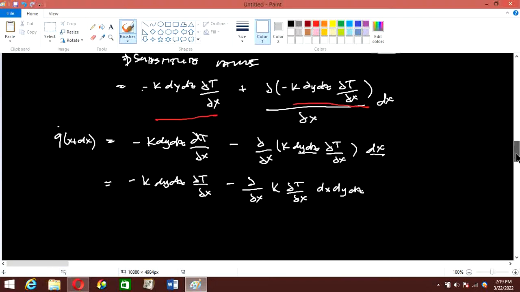So I've only rearranged the terms, so we have these expressions. We have this part, negative k dy dz, partial derivative of t with respect to x, minus the partial derivative of this term with respect to x also.